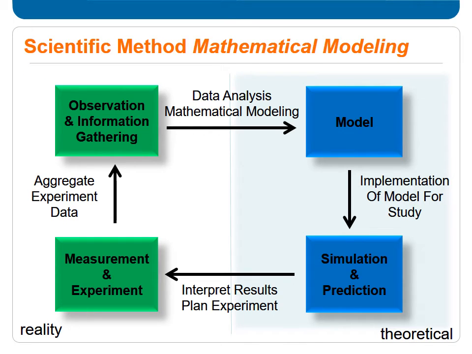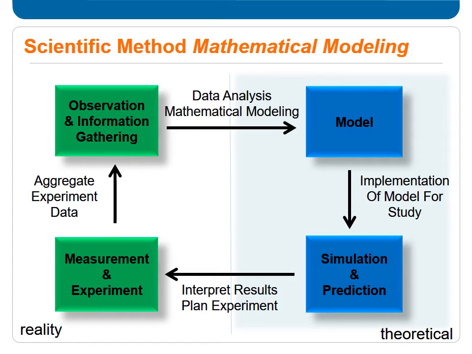In my own experience, the scientific method is a cycle like this figure, which separates reality in the green boxes on the left from our abstraction of reality, the mathematical modeling of our theories, in the blue boxes on the right. Inductive reasoning, based on data analysis of some observations, results in mathematical models.